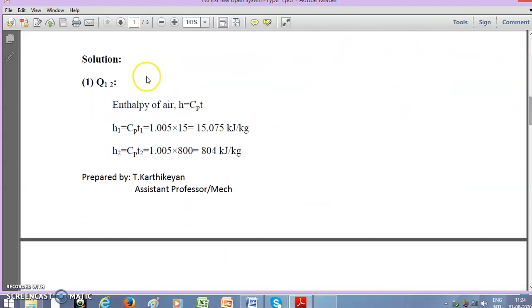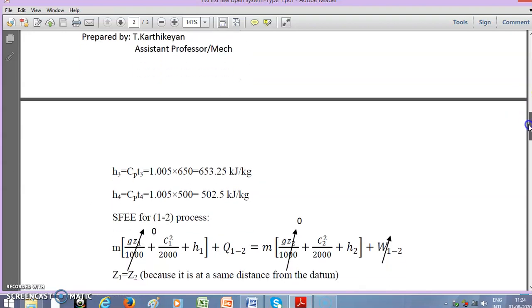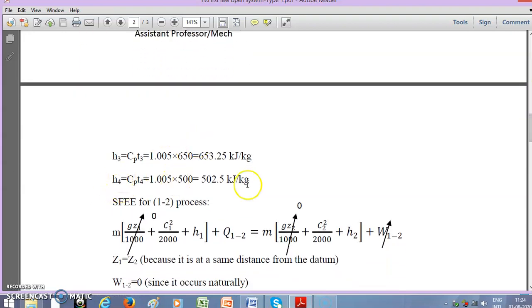First one is the heat exchanger. We need to find Q1 to 2, and we know the enthalpy of air is h equals CpT. So we get h1 as the product, and keep in mind the temperature should be in degrees Celsius. We got the enthalpy values, and h3 also.